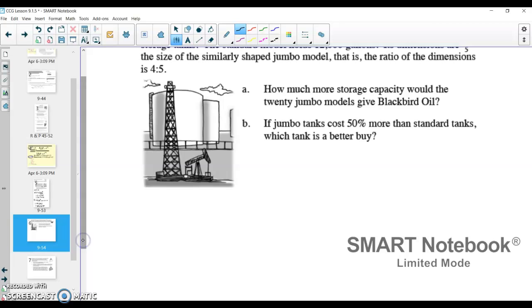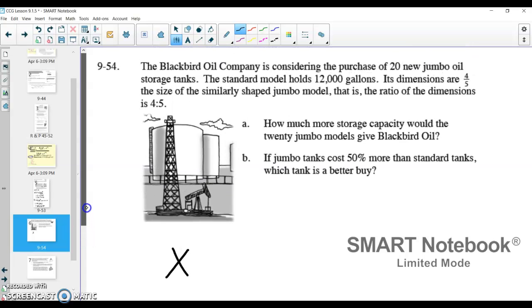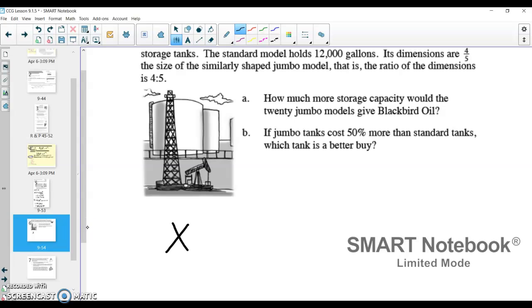And so what we do is we say, well, X amount of gallons, some number we don't know, is the amount of gallons that can fit into our jumbo model, okay? And we multiply that by our volume scale factor, okay? And we know our linear scale factor is the 4/5. So our linear scale factor, I'm going to put this by A here. Our linear scale factor here is 4/5.